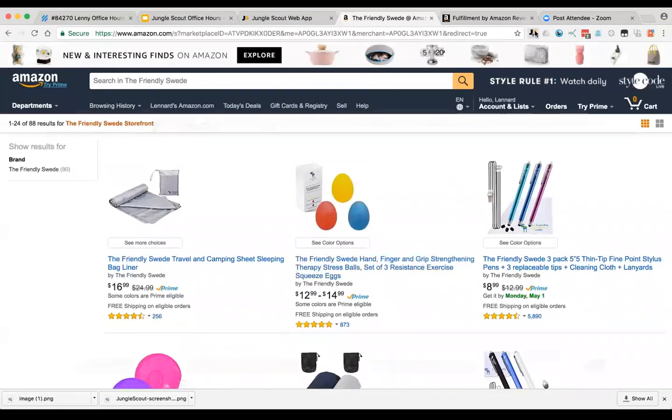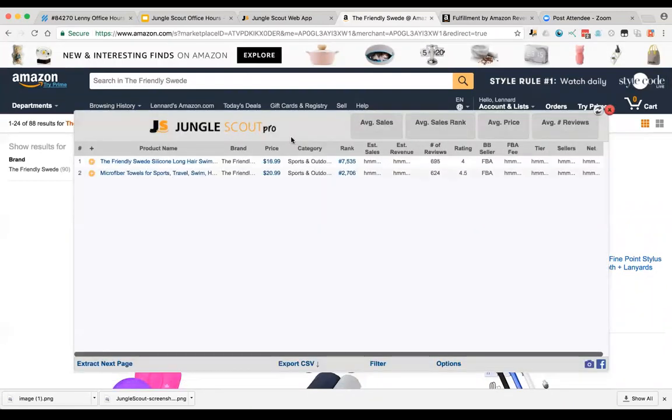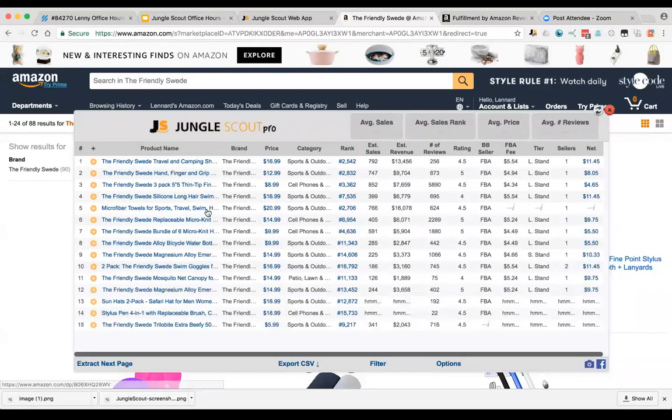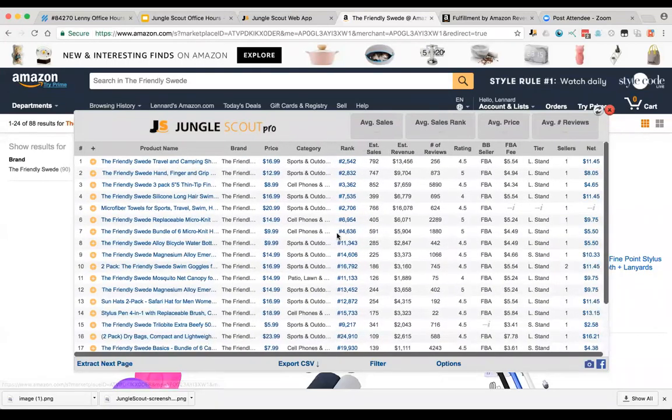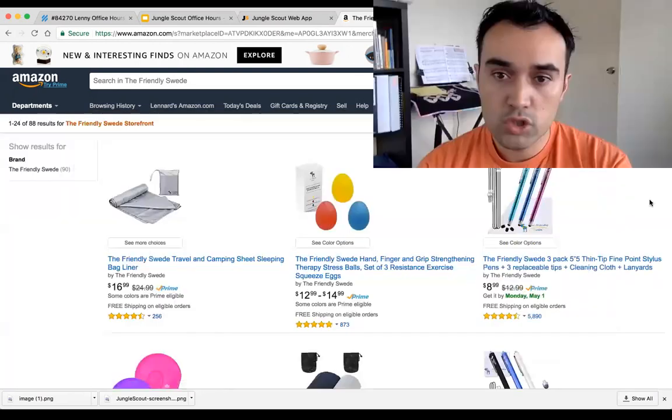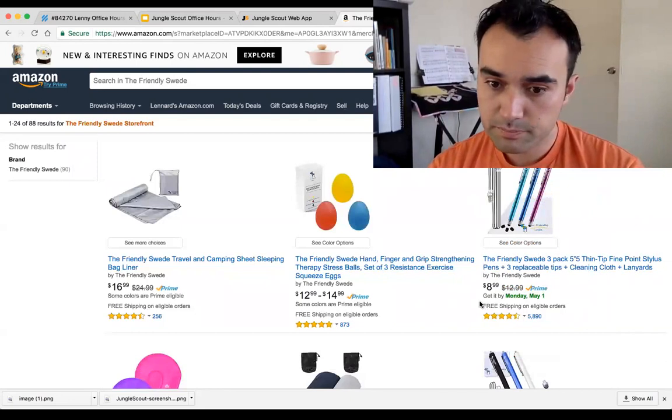Or if you have the Jungle Scout extension, you can just run it. Now we're analyzing all the listings in their store, and it looks like this seller store, they do a lot of sales. They're doing quite well, and then you can analyze their reviews and so forth. So that's the marketplace arbitrage.